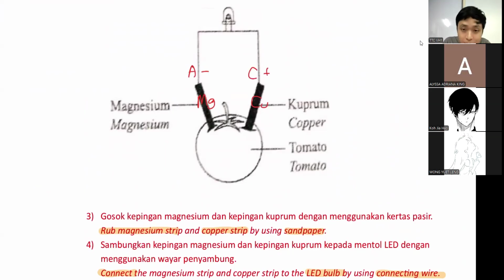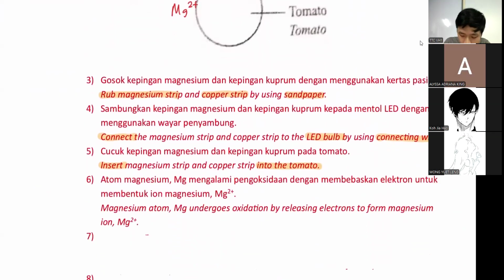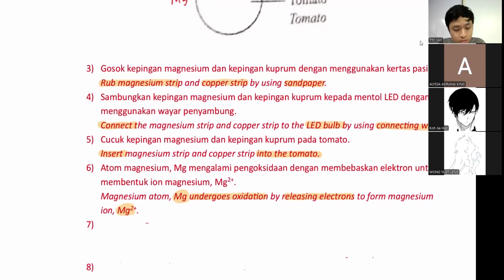Obviously, one side is the anode, one side is the cathode. So here, the magnesium atom undergoes oxidation to become Mg2+.